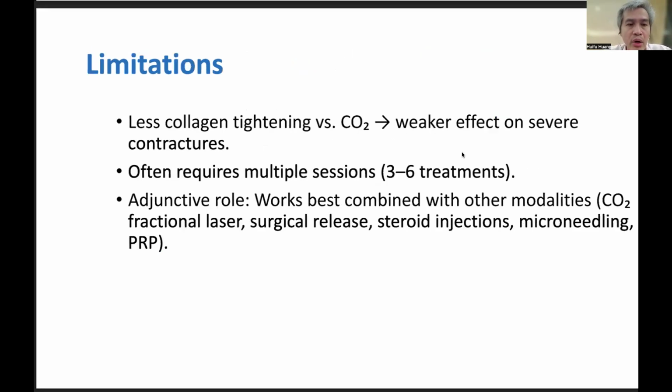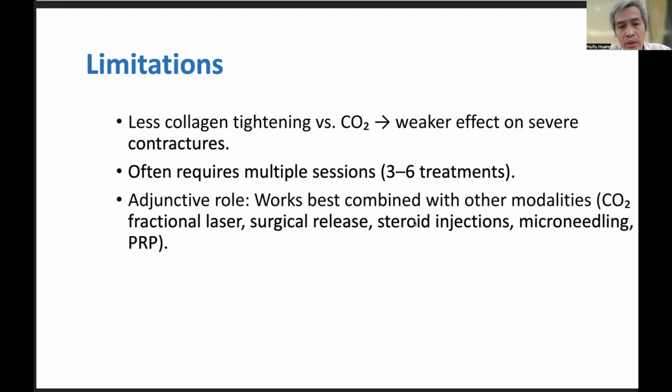The limitation of this treatment is that when using the Erbium laser, there is less collagen tightening because of a weaker effect on severe contractures. It often requires multiple sessions.